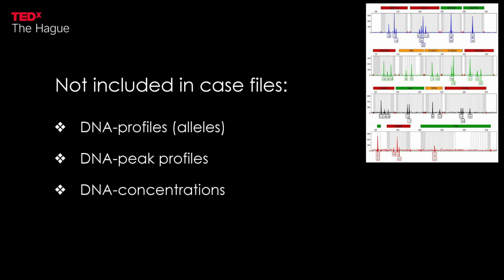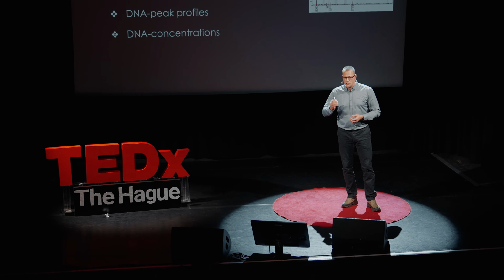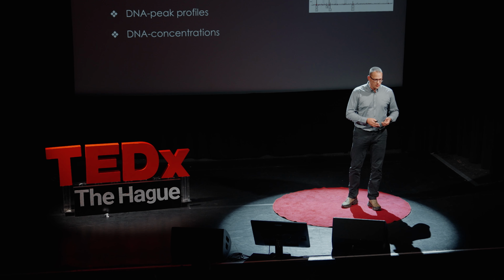So all this information, DNA profiles, which have the alleles in there, on the basis of which we can do the evidential value calculations, is not shared in the case file. The DNA peak profiles, from which we can get amounts of DNA from different donors in the trace, are not shared in the case file. And also DNA concentrations are not shared in the case file. So how can we talk about equality of arms when we ask either of the parties to come up with alternative scenarios?